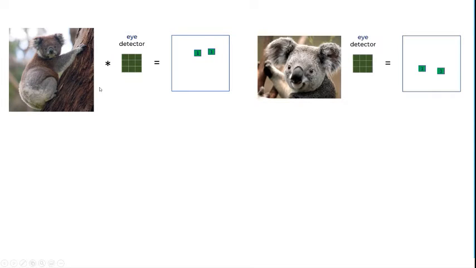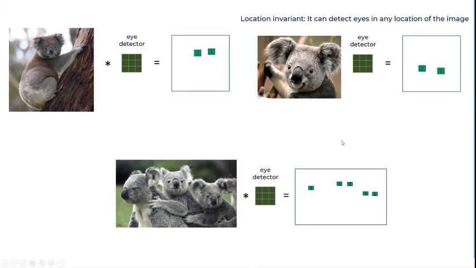If the eyes are at a different location, it will still detect because you are moving the filter throughout the image. And they are location invariant, which means it doesn't matter where the eyes are in the image, these filters will detect those eyes and it will activate those particular regions. Here I have 6 eyes from 3 different koalas and they are activated accordingly.